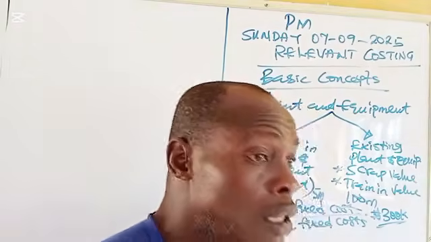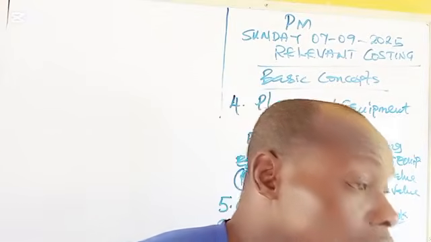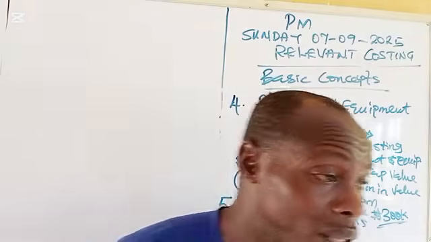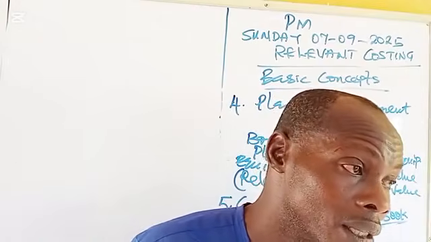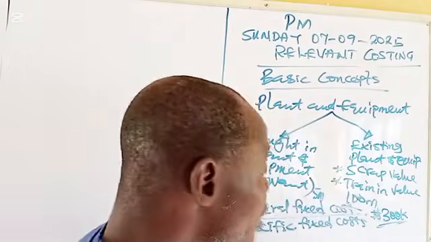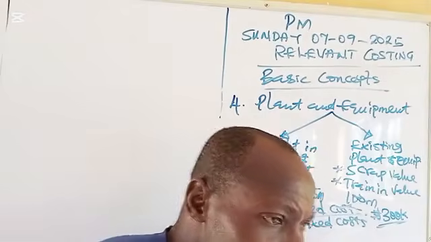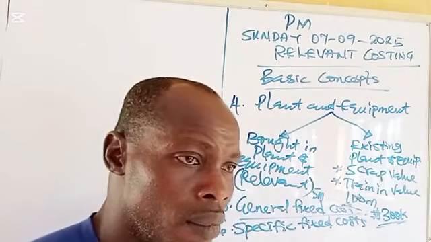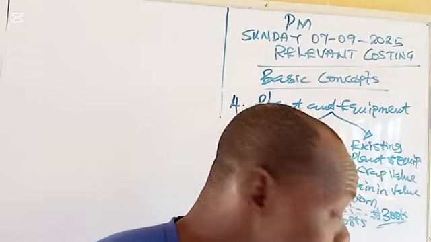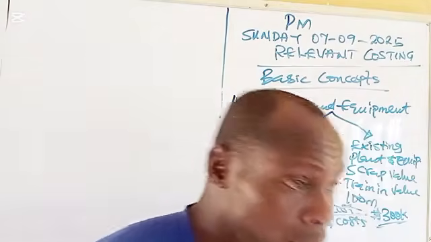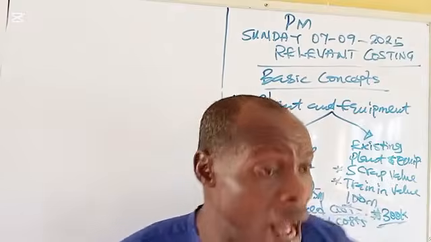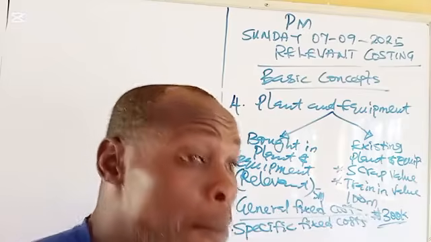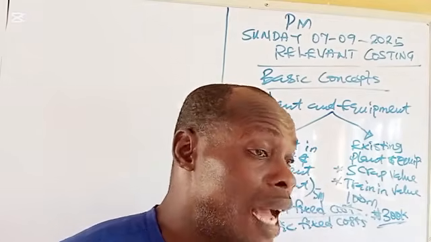Now, if I want to get more than 50 students, maybe 52 or 53 or 55 students, I will have to look at the cost I want to incur. Should I keep only 50 students so that I will not incur more fixed costs? If I keep 50 students, I will incur 300,000 naira as rent. But if I want to have 55 students, I may have to get an additional class.